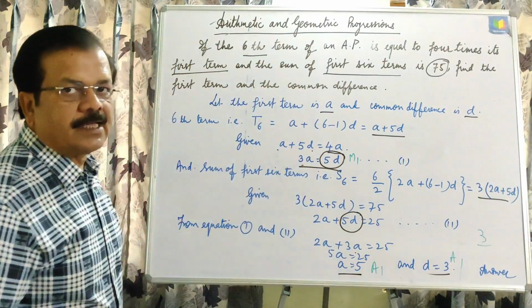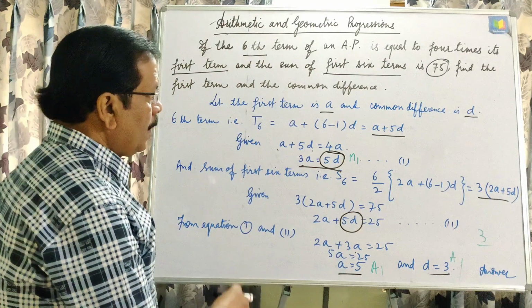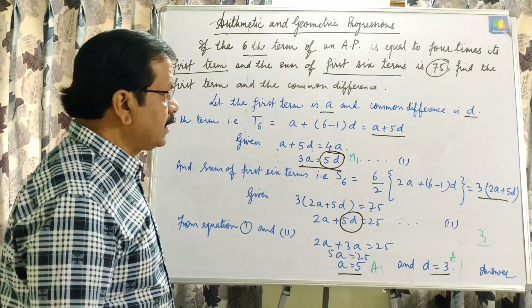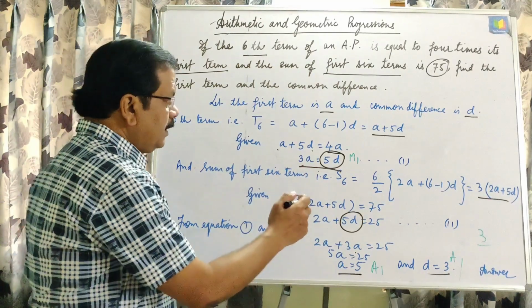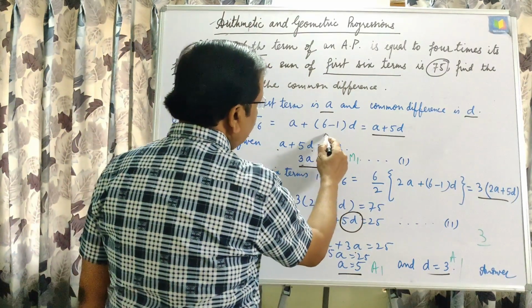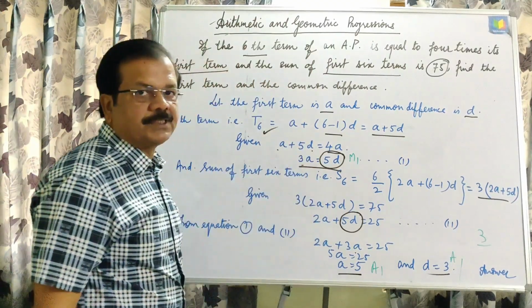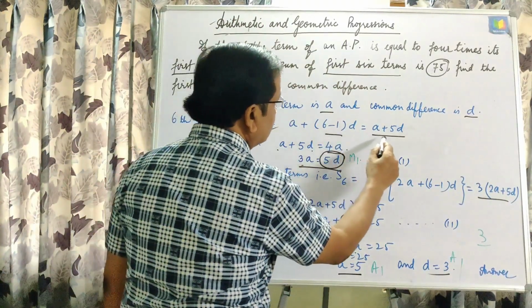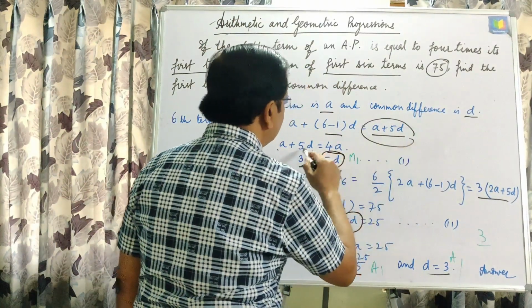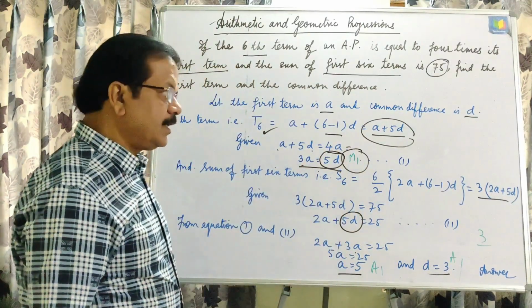This question was asked last year in the ICSE class 10 board examination, and as far as the marking scheme is concerned, if you substituted correctly in the first equation, the sixth term A plus 6 minus 1 into D, then the first M1 method mark is given.